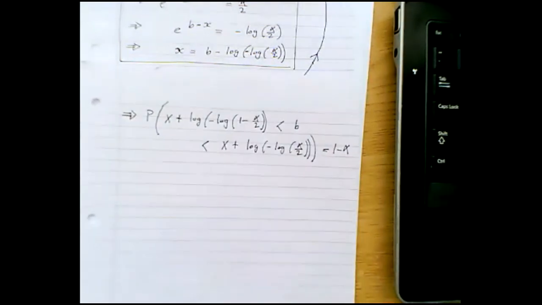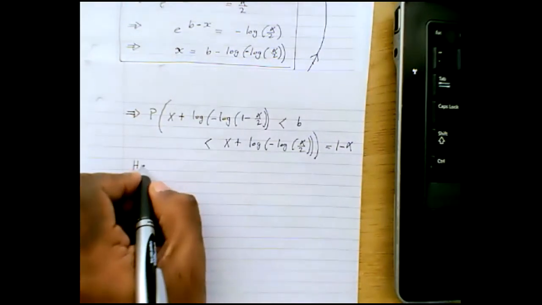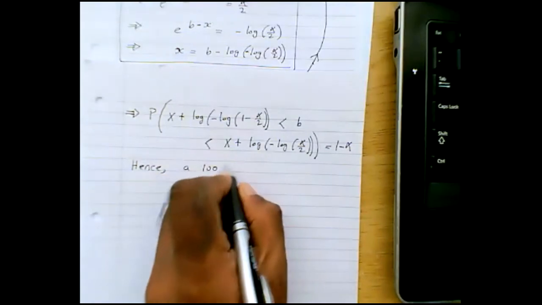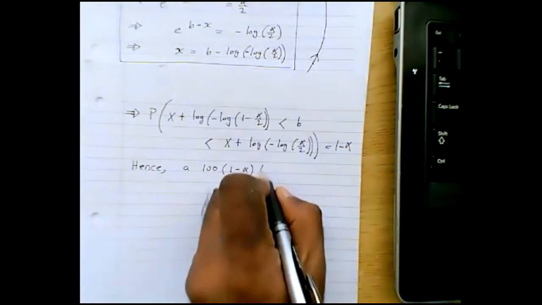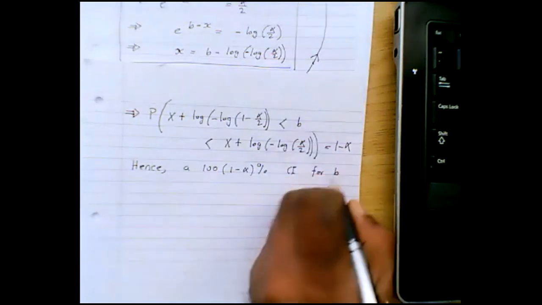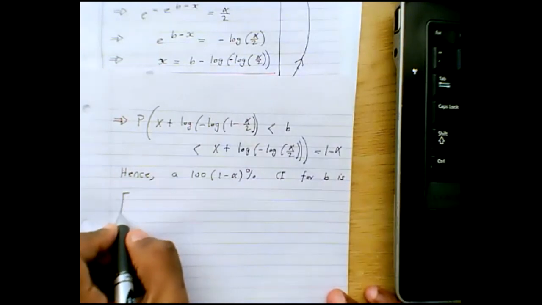So the conclusion is that, hence, the 100 times 1 minus alpha percent confidence interval for B is as follows.